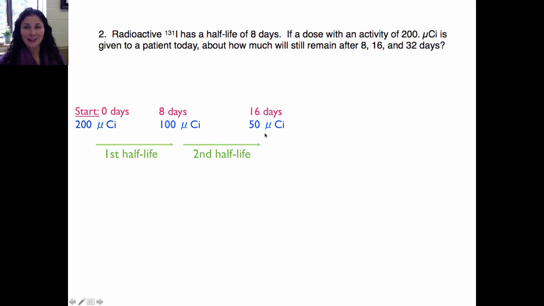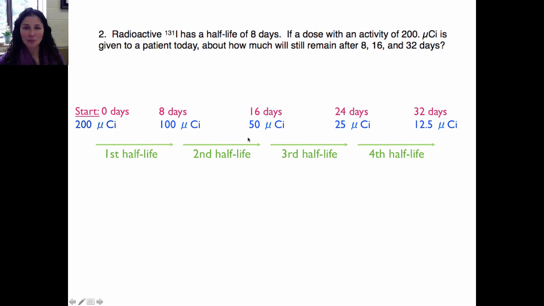And then to answer the 32 days question, I would go through one more half-life, the third half-life, not there yet, and then another half-life, each time dividing the previous amount by 2. So at 32 days, I would end up having 12.5 microcuries of radioactivity.